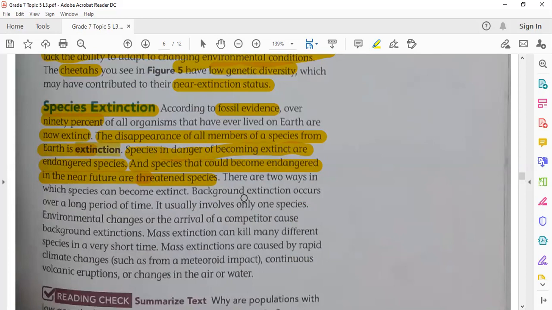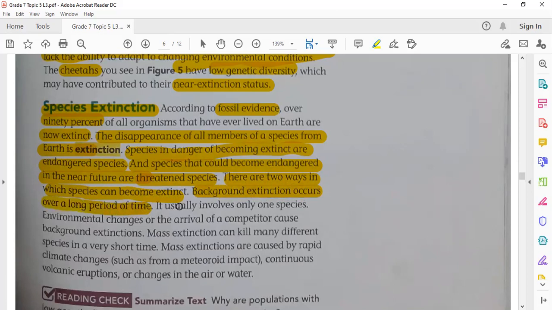There are two ways in which species can become extinct. The question is, why do some species become extinct? There are two ways in which species can become extinct. Background extinction occurs over a long period of time.